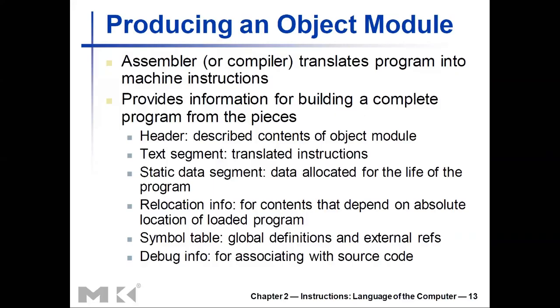The text segment contains the translated instructions, that is, the machine code for the instructions you have in your program. And then the static data segment, which we talked about earlier as well: data allocated for the life of the program.